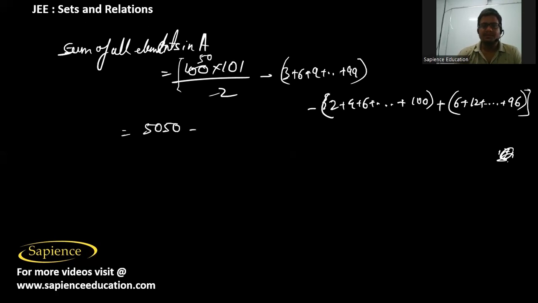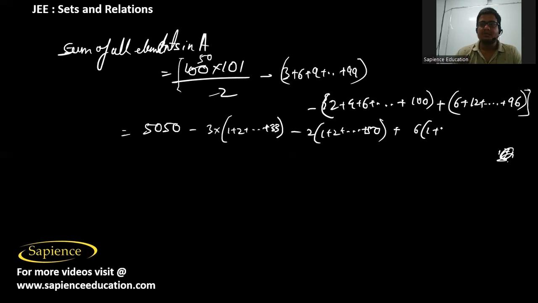5050 minus this is 3 into 1 plus 2 plus till 33, minus this is 2 into 1 plus 2 plus till 50, plus this is 6 into 1 plus 2 plus till 16.